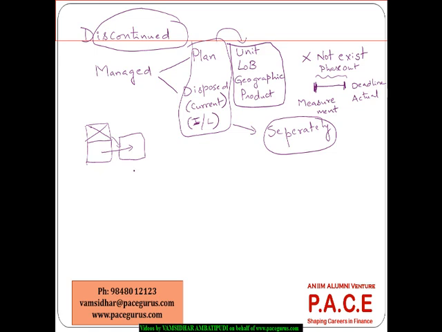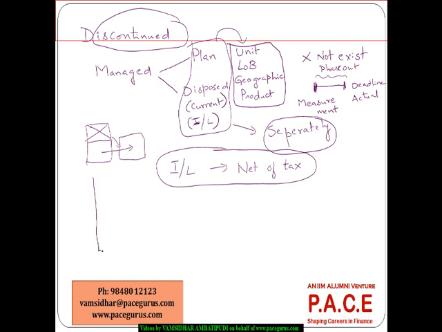The way we represent them in the financial statements: any kind of income, gain or loss coming from the discontinued operations, I will compute net of tax separately. The income and the expenses associated with this discontinued operation, I will compute separately, net of tax, and present as a separate block.